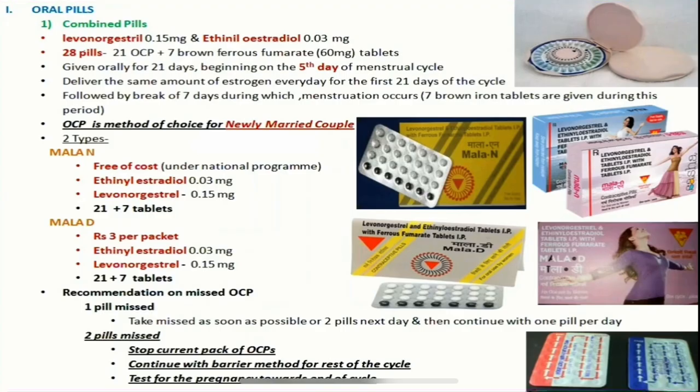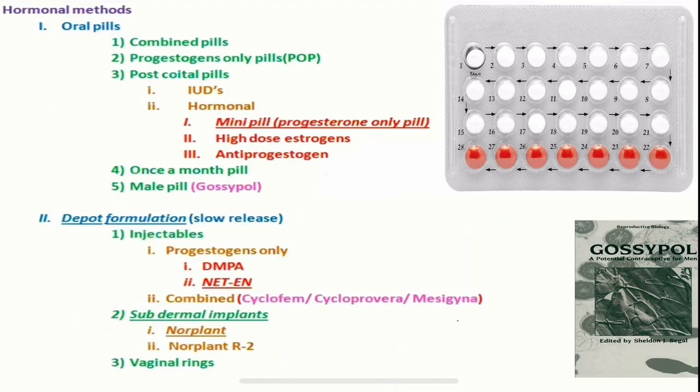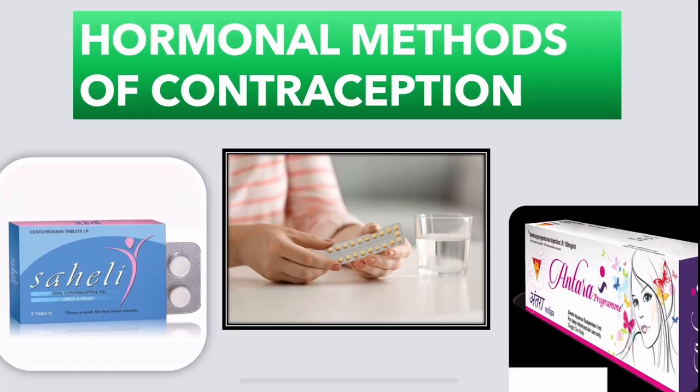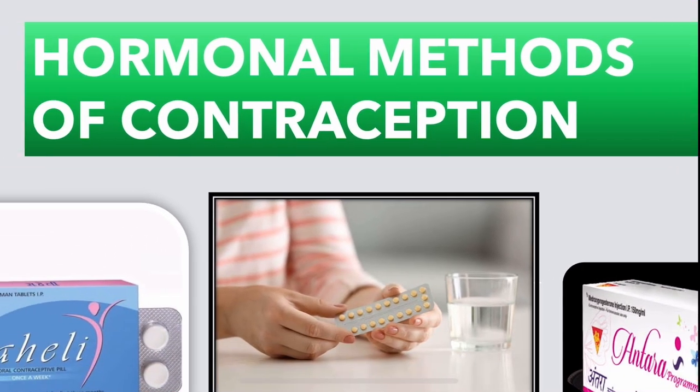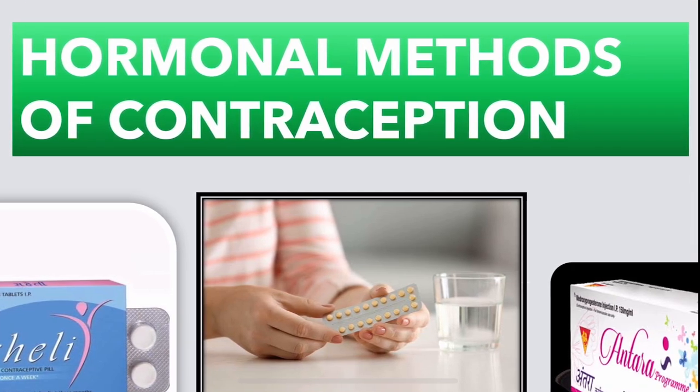Starting with oral pills. Before going to oral pills, let us know about the hormonal methods of contraception. Hormonal contraceptives are among the most effective spacing methods of contraception, to space between one child and the other.